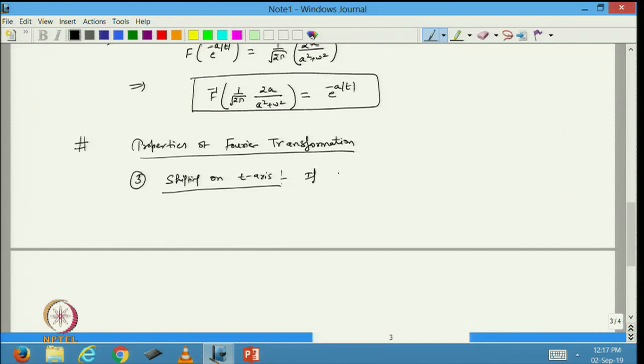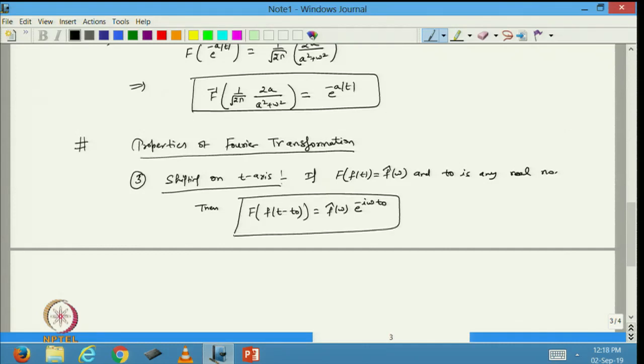In this case, if I take the Fourier transformation of the function f(t) and we write it as f hat omega, and suppose t naught is any real number, then the Fourier transformation of f(t minus t naught), where I just do the shifting in terms of t, will be equal to f hat omega e raised to power minus i omega t naught.